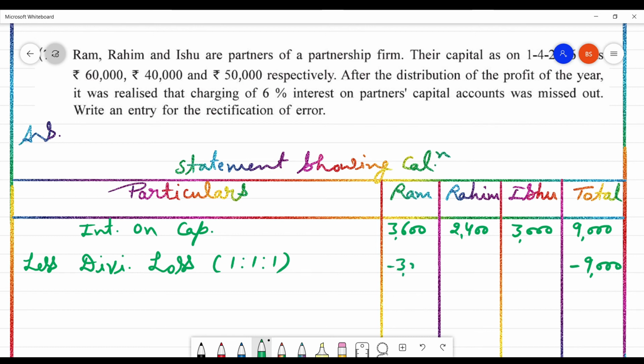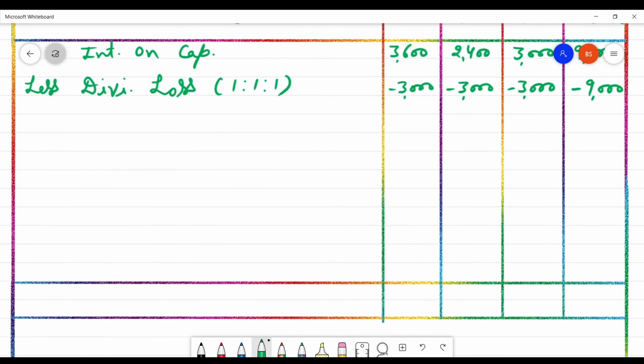So 3,000 is here, 3,000 is here and 3,000 is here, and this difference will be transferred to the capital or current account to rectify the error. Deduct 3,000 from 3,600, it will be plus 600, and here 2,400 minus 3,000 is minus 600, and 3,000 minus 3,000 is dash. 9,000 minus 9,000 is also dash, means 0.